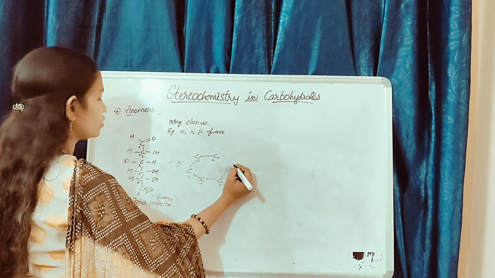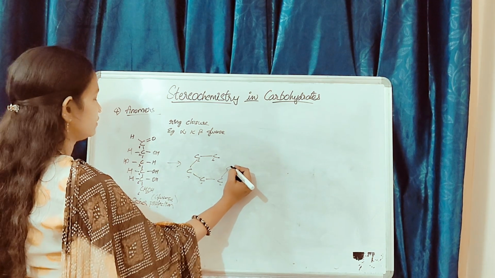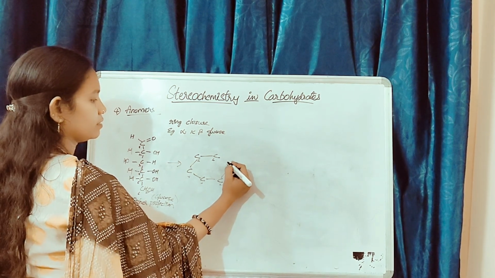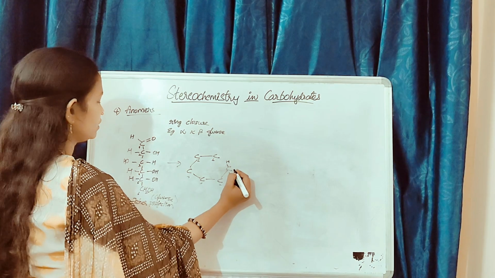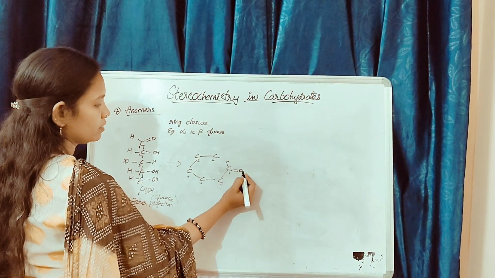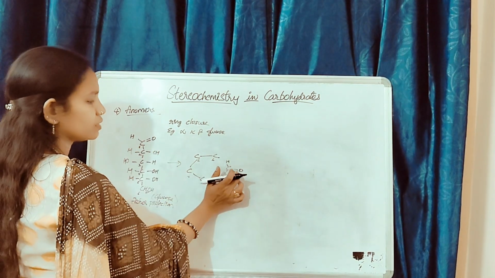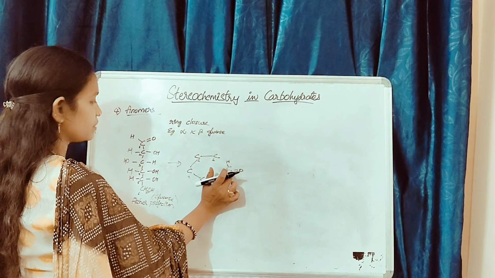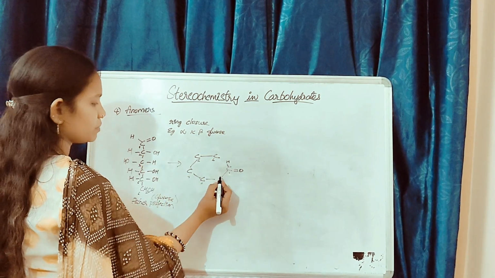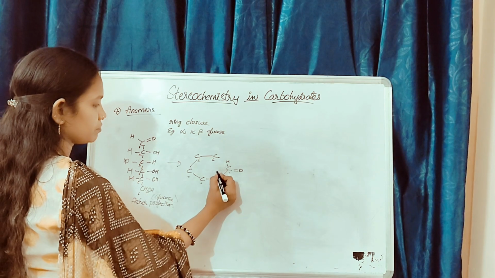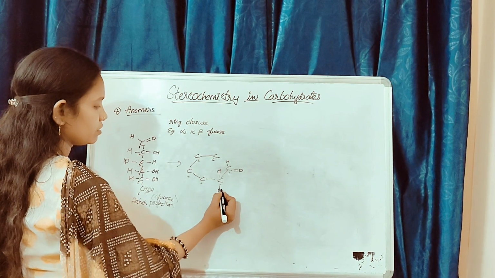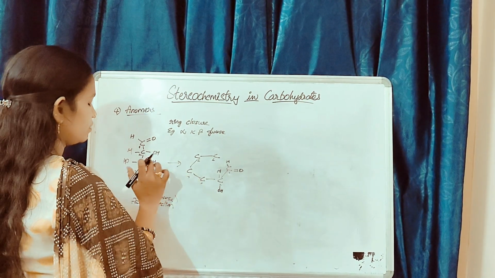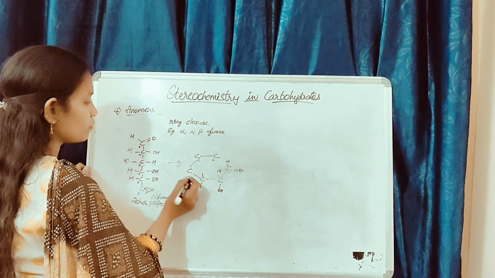First carbon has hydrogen and oxygen, double bonded, right? This is the first carbon. Second carbon, H, OH. Third carbon, top and bottom we have to write.